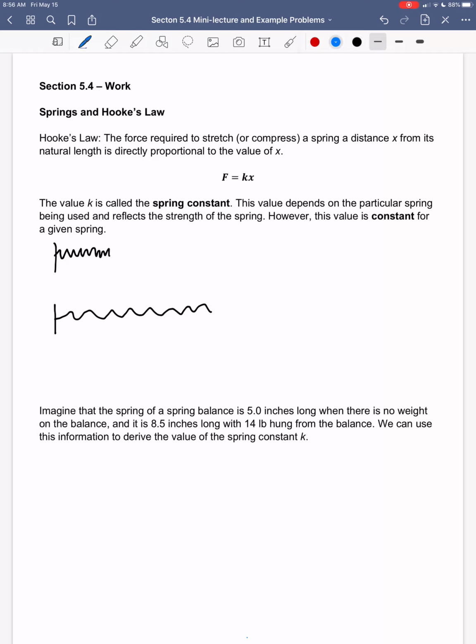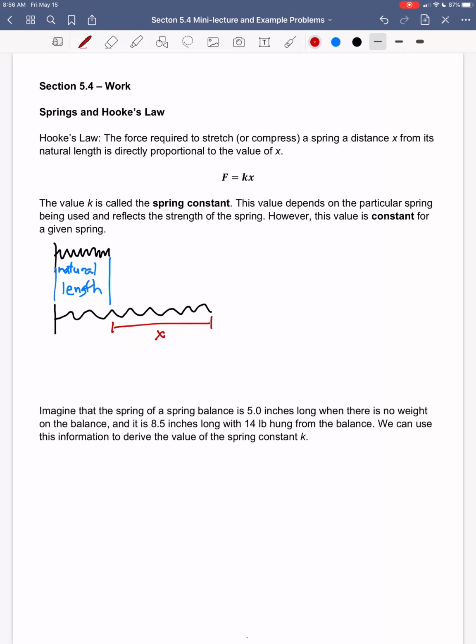And what we've got, this amount here, is the natural length. Right? That's the natural length of the spring. This amount here is going to be x. That's the amount that the spring has been stretched from its natural length.